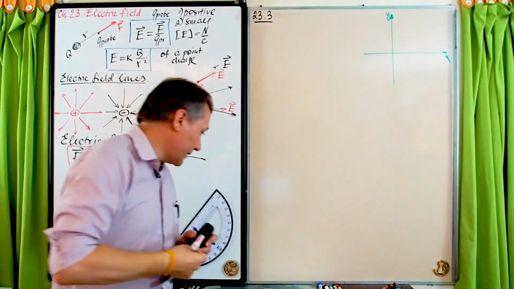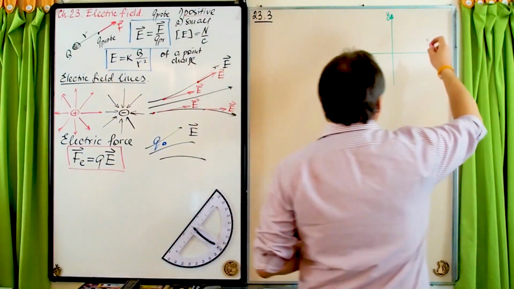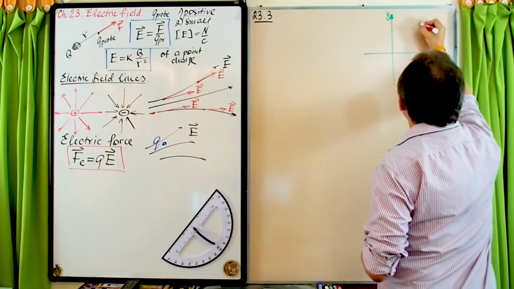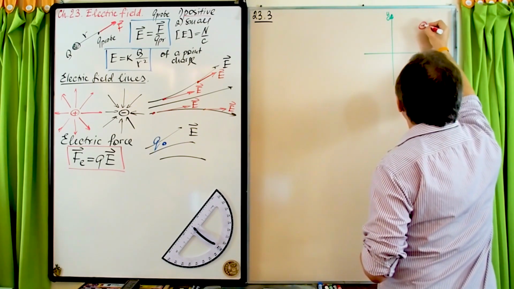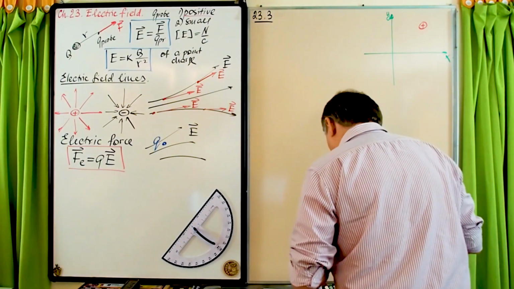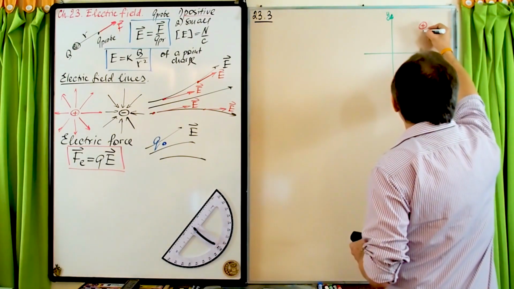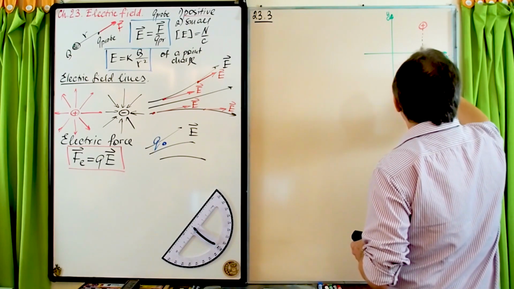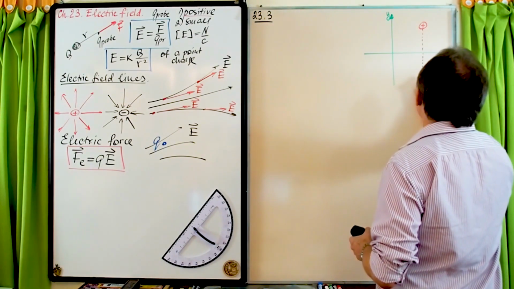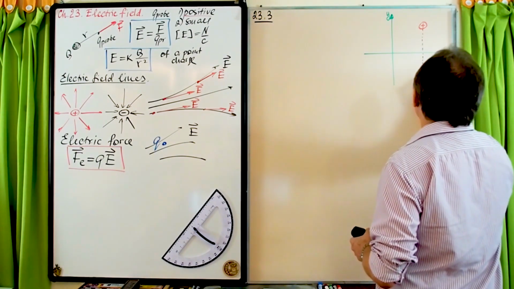And two charges, as I said, one is positive, one is negative. Let's say here we have a positive charge, plus, and over here, right underneath, there will be a negative charge, minus.